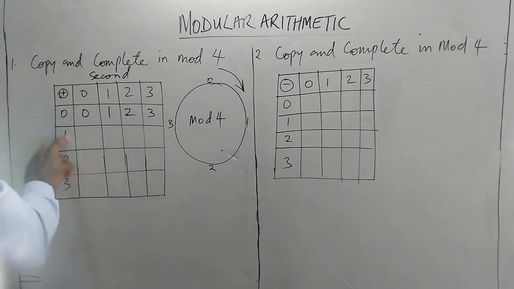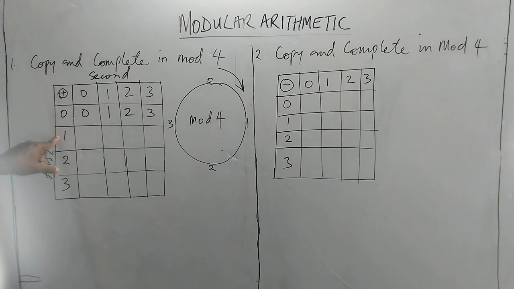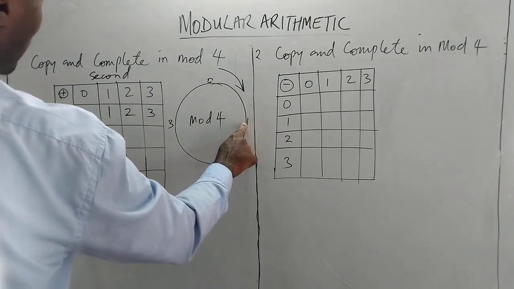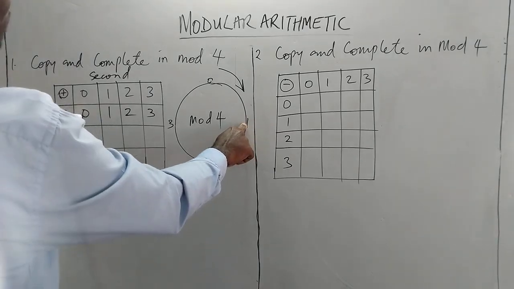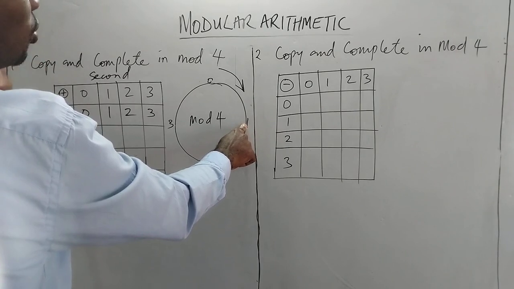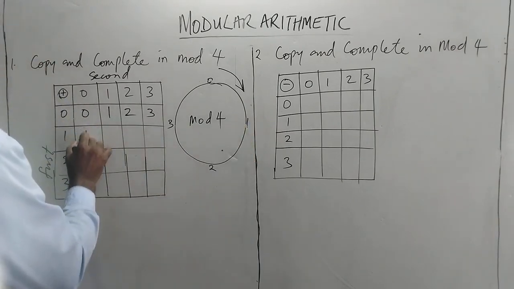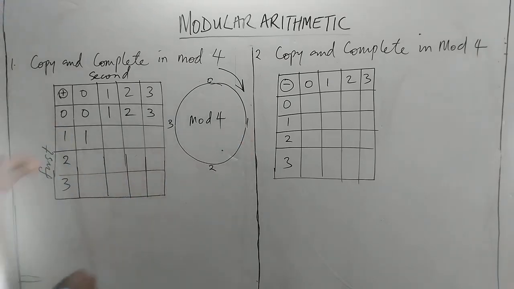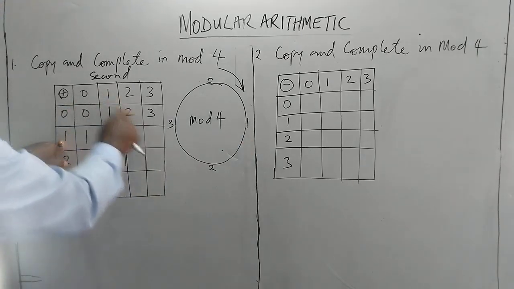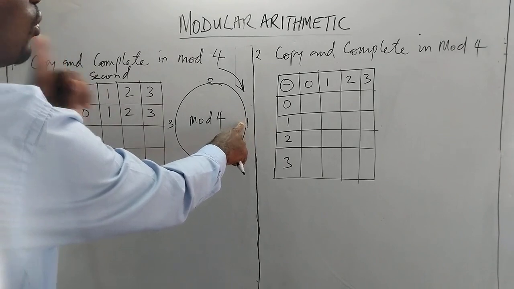Now, the next one, 1 plus 0, means you are starting from 1 and you are not moving anywhere. 0 means no movement. So it will still be 1. You are still where you are. The next one, 1 plus 1, means you are starting from 1 and you are moving once.